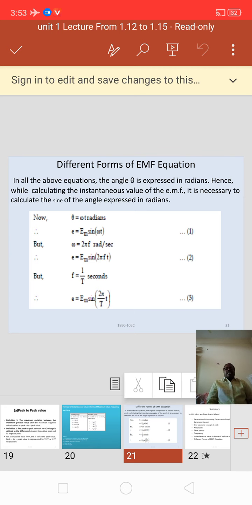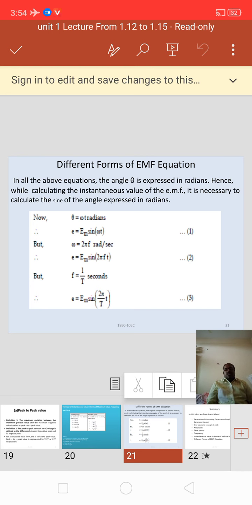We have learned different equations, that is V equal to Vm sin theta as well as I equal to Im sin theta, where theta equal to omega t. Now, here we have different equations corresponding to the EMF equations.